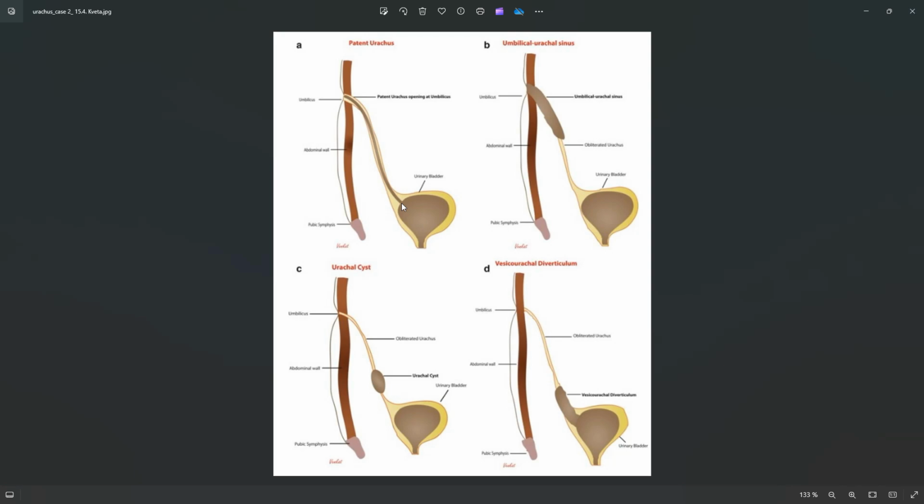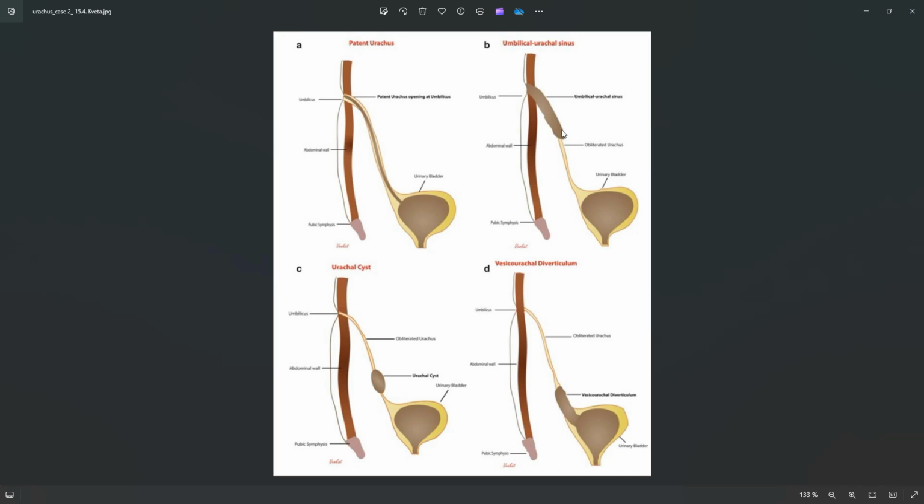To summarize which disorders of the urachus we can see, this picture is sufficient. One disorder can be the patent urachus, so the general inability to obliterate the urachus, and it is then preserved throughout its whole way.